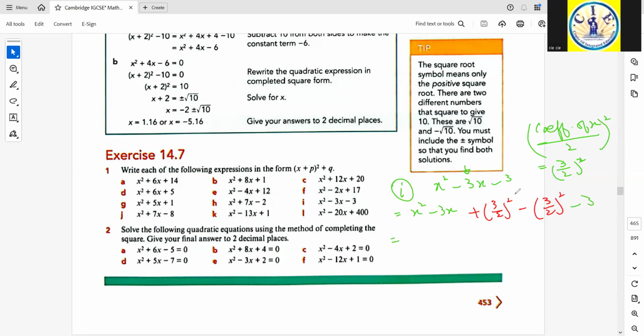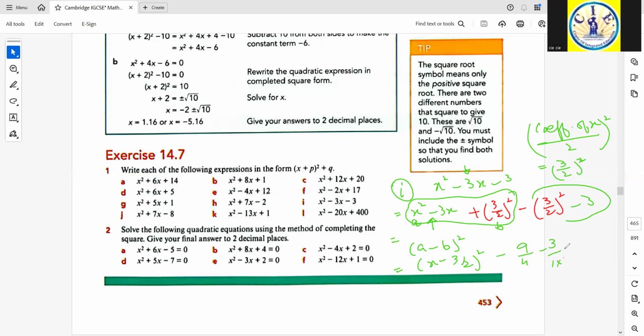Now these three terms would complete the square, giving this second term as b and this as a. So we can have a minus b whole square because this 2ab term is negative in this case. So that will give us x minus 3 by 2 whole squared, and simplifying them together, negative 9 by 4 minus 3.